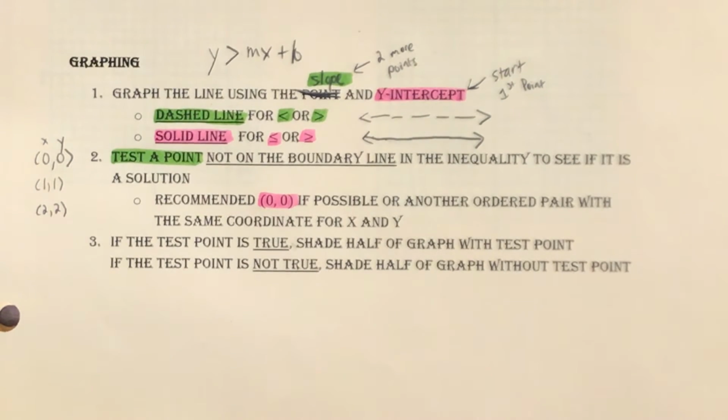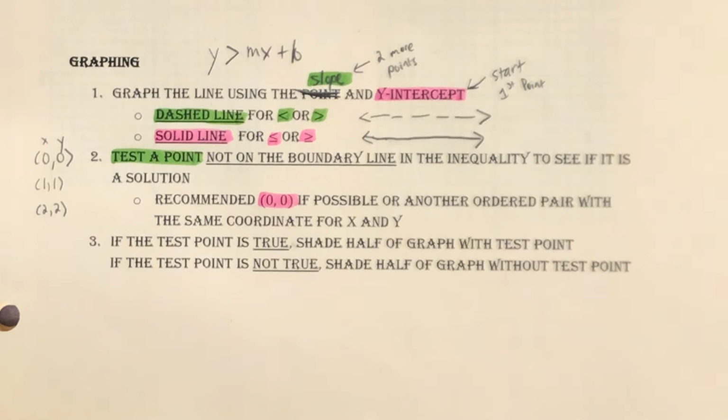If they're both 0, I can't accidentally plug the x in for the y or vice versa because they're the exact same number. So anytime we can, we want to use 0, 0 as our test point. But if it falls on the line, because we cannot use points that fall on our line, then let's try to find a point that has the same number. Now, that's not a requirement, that's just a recommendation.